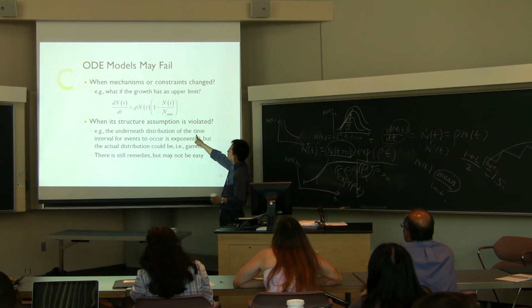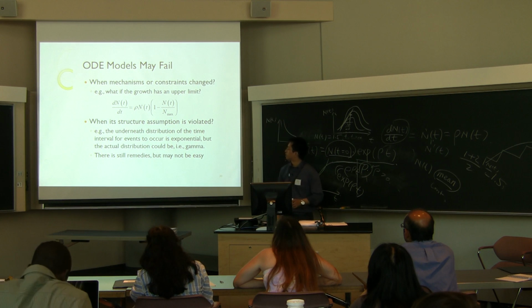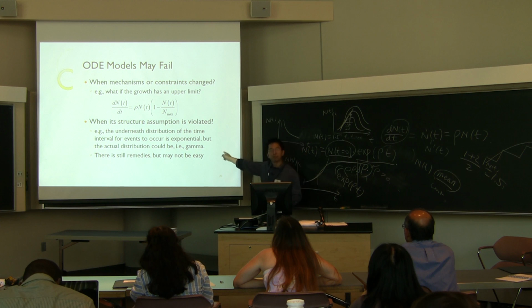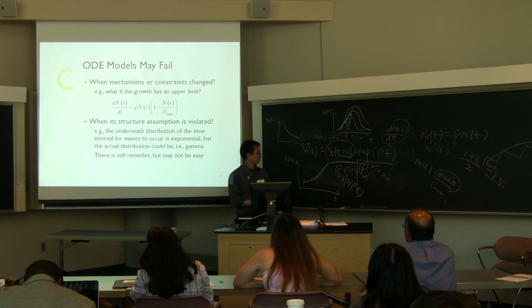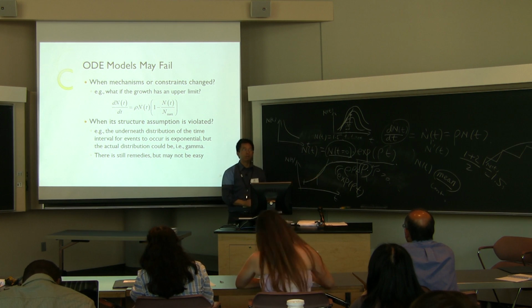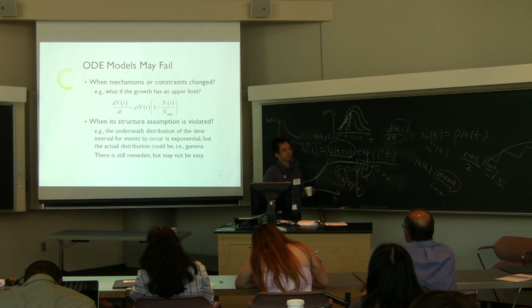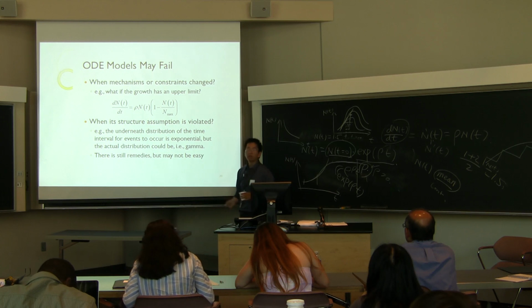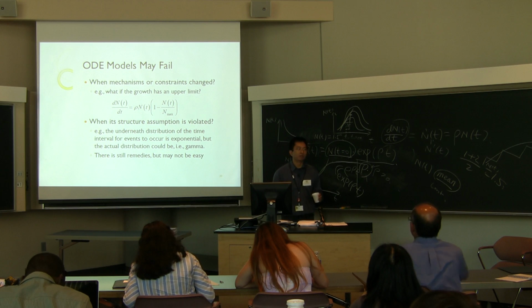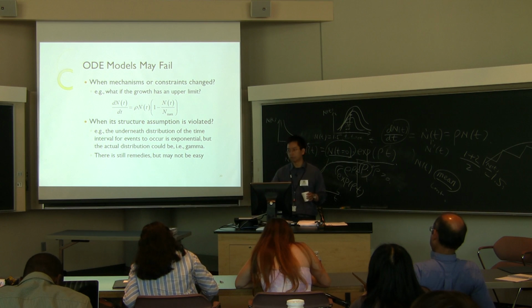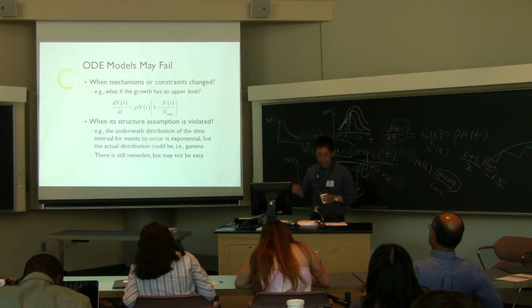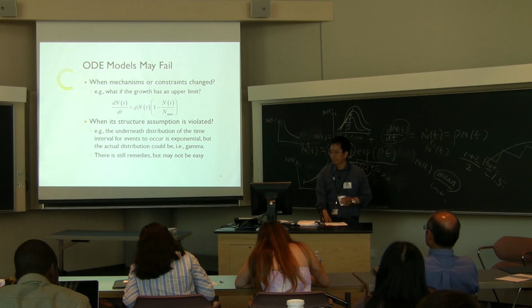The underlying distribution of the time interval for events to occur is assumed to be exponential in ODE models, like what we just talked about. However, once the time to event does not follow an exponential distribution, you get into trouble. That's when the ODE models will fail. I have an example tomorrow to talk about this.